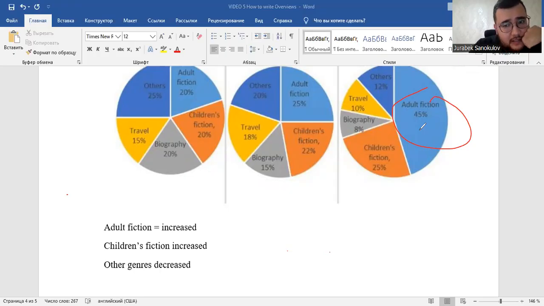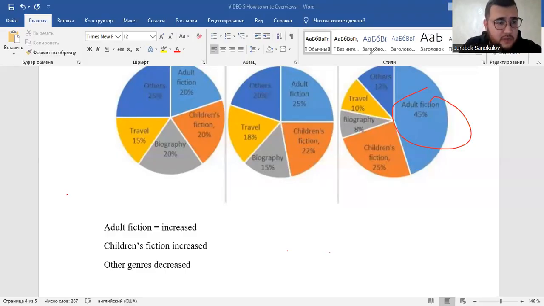Okay, I guess that's it. I'm just trying to look for other changes, other details in this graph to include in my overview. So yeah, I guess that's it.